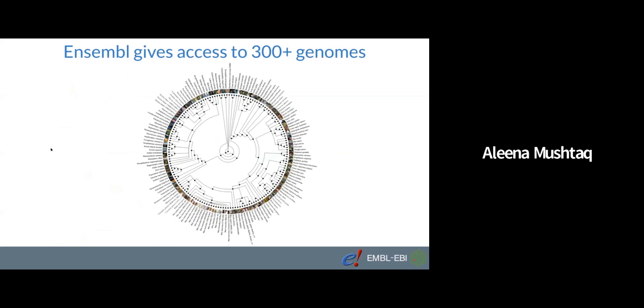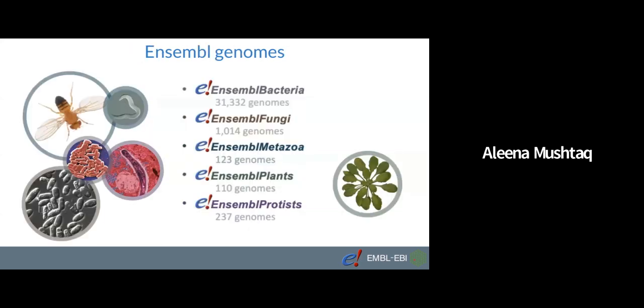Ensembl is dedicated to vertebrate genomes. So there are about 300 vertebrates, and the number is constantly growing. But you can also find non-vertebrate species. So you can find fly genomes, worm, and yeast genomes. So these are model organisms. And you will find these on the Ensembl sister site, which is Ensembl Genomes.